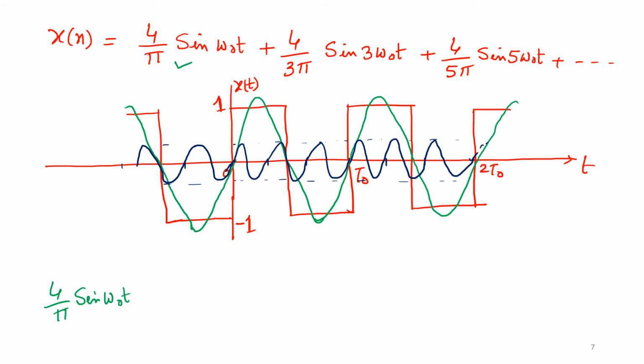So this is the second term, 4 upon 3 pi sine 3 omega naught t.